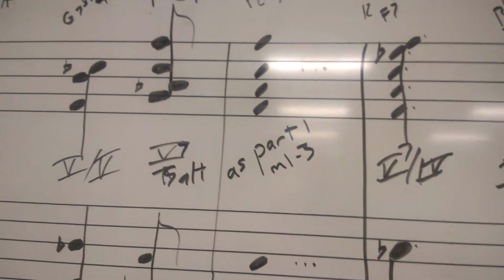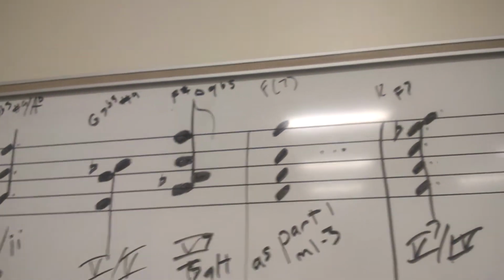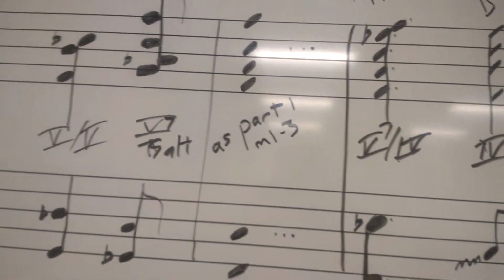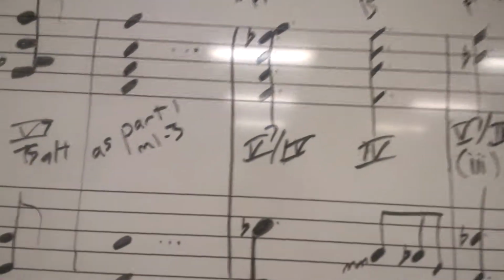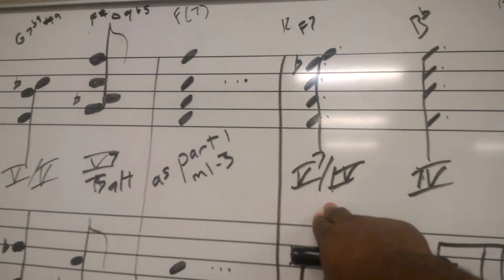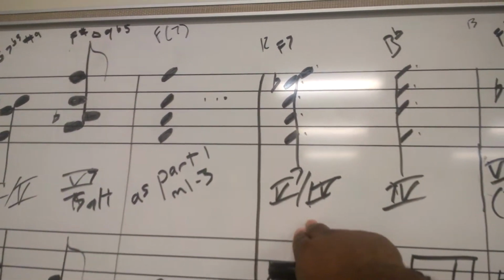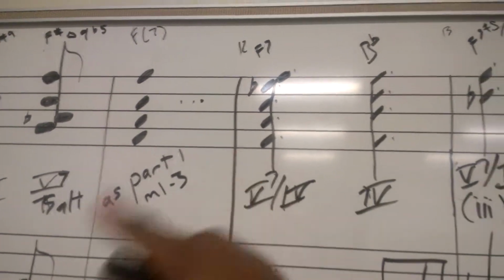Now the next part is the F for F7, just like the first part for the first 3 measures. Then this chord, you have the F7, just like in the first part. This is measure 4 of the first part if you go back to the beginning.